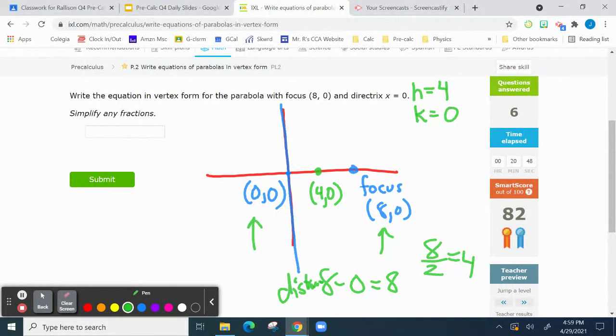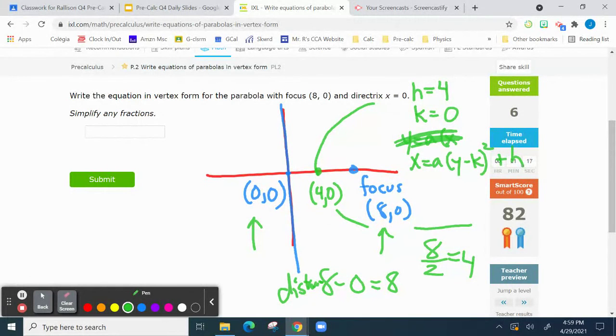We can see where it's going, right? We know what kind of parabola it is because there we have the vertex and the line of the parabola bends around the focus, so it's going to go like that, right? So that's going to be a y equals a x. Nope, that's not right. That's going to be an x equals a times y minus k squared plus h parabola. We already know h and k.